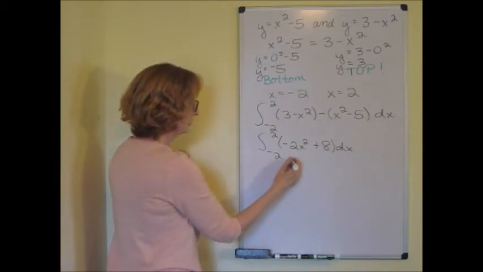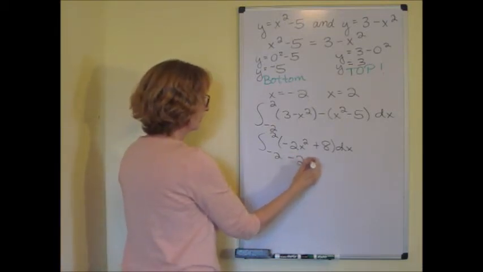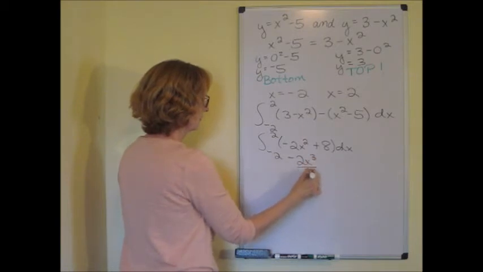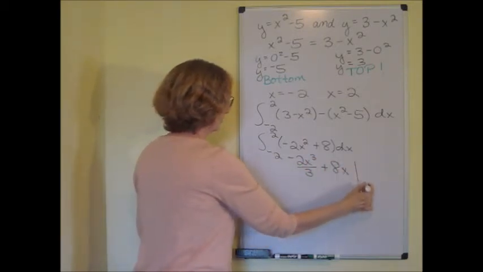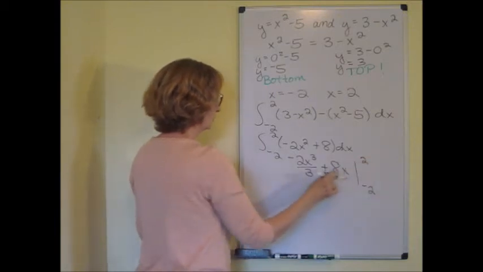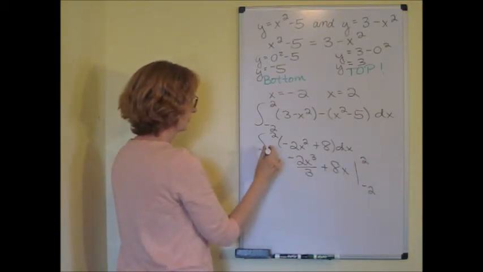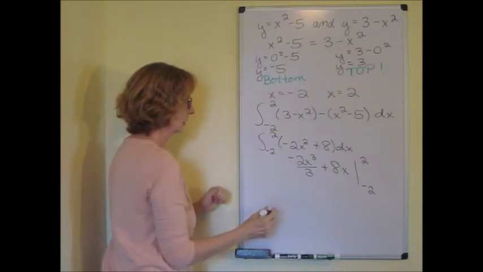And then take our integral. So it's negative 2x cubed over 3 plus 8x. And we're going from negative 2 to positive 2. And then just plug in.